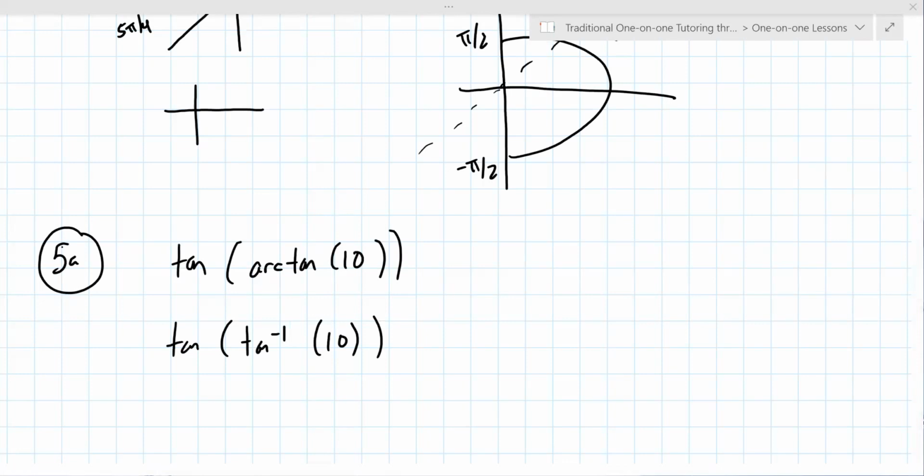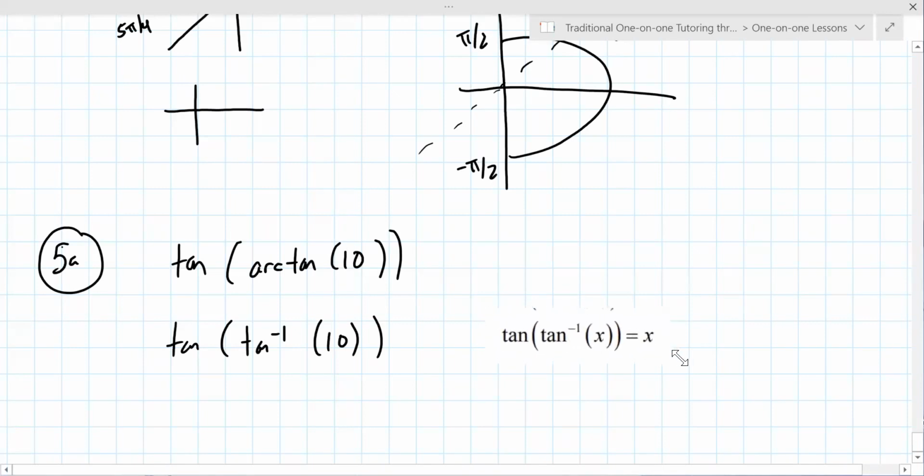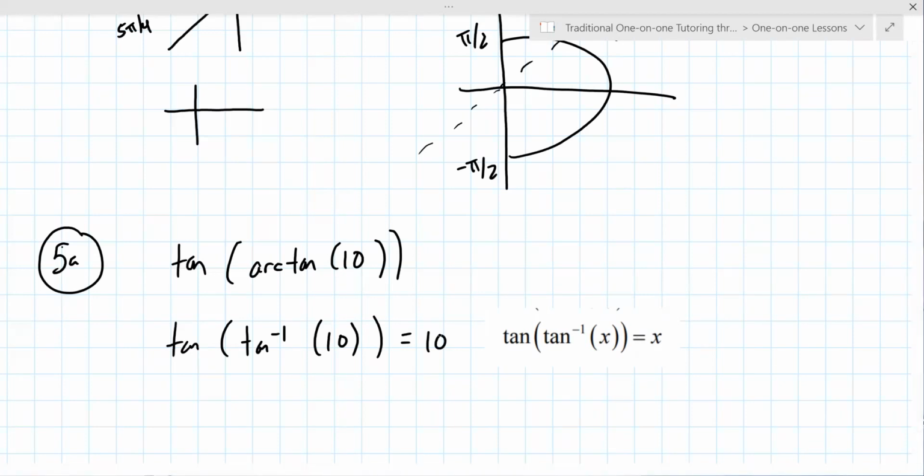I don't know how many of these you need to know, and then we can maybe talk about how to do it by hand. This is a straight property, and it has to be exactly this order. If it's not this order, it doesn't work. Like the tan inverse of the tan of x is not necessarily x, but this one is 10. And you'll see that in the next one.